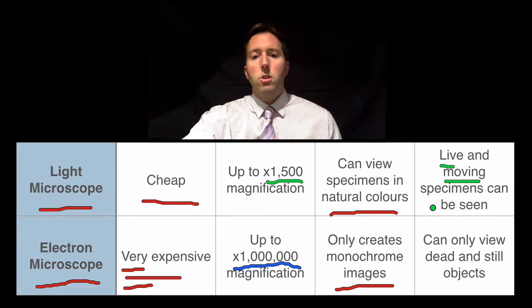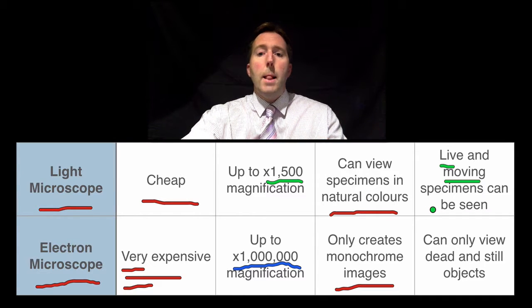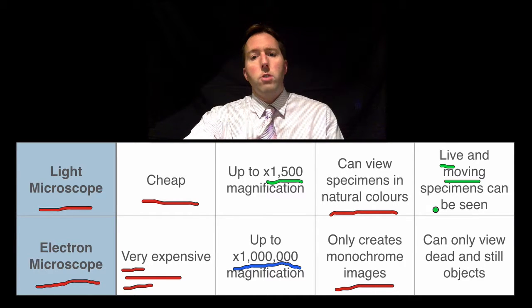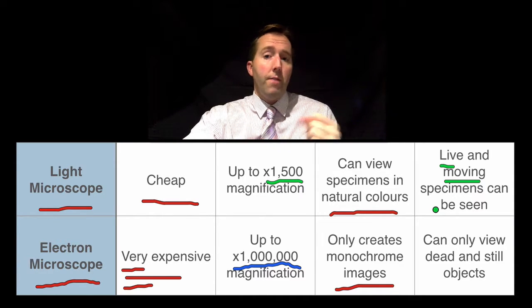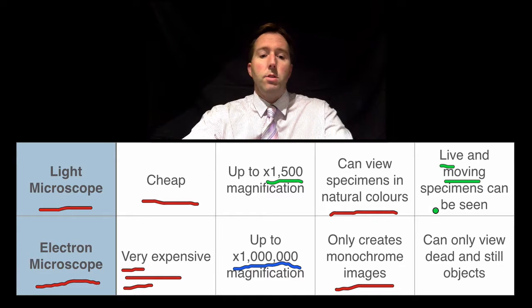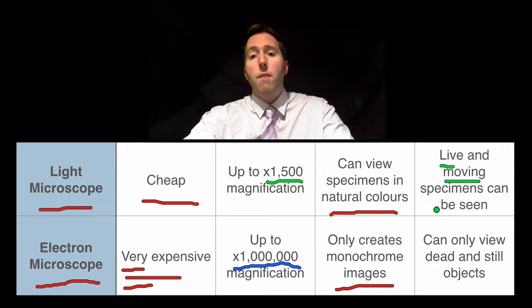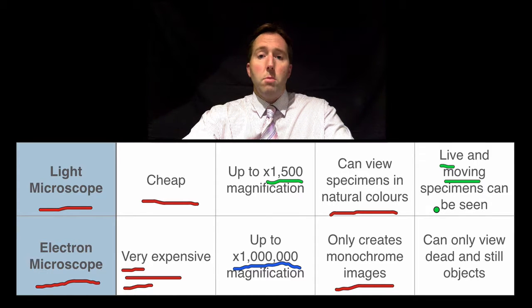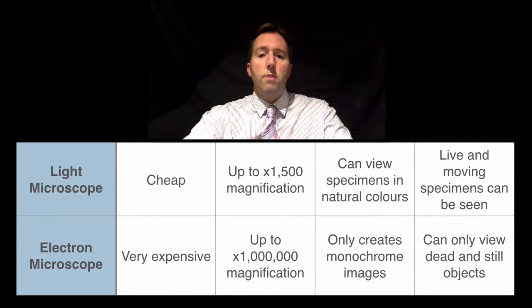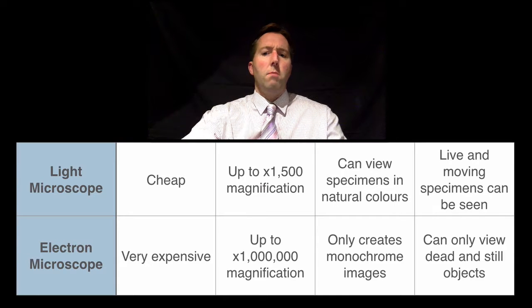Whereas with the electron microscope, you shoot electrons at the thing, and so you can actually only view dead objects. They require a bit of preparation before they're viewed on an electron microscope, and if they're alive, that preparation basically kills them. So that's one of the advantages of a light microscope, is that you can see live things. Electron microscope, they have to be dead.